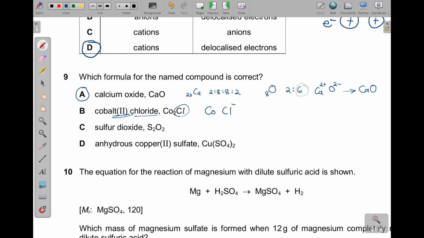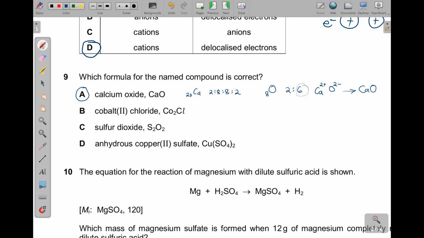Now for these transition elements, when they say cobalt 2, because they have variable oxidation states, the one that they mention in the brackets is the one that we take. Now, this one is a 2 plus. Now, that means to balance this 2 plus, you will need 2 minuses. Do you see that? 2 minuses. Such that you get cobalt is 1, but chlorines are 2. So cobalt 2 chloride has to look like that. You see?